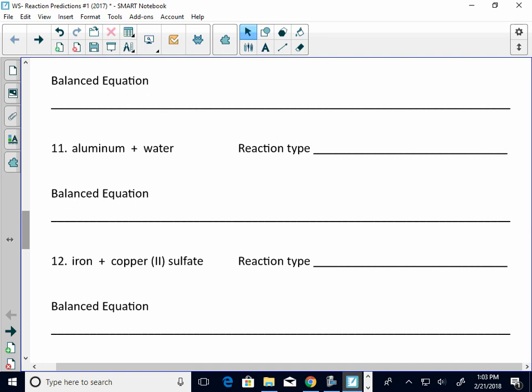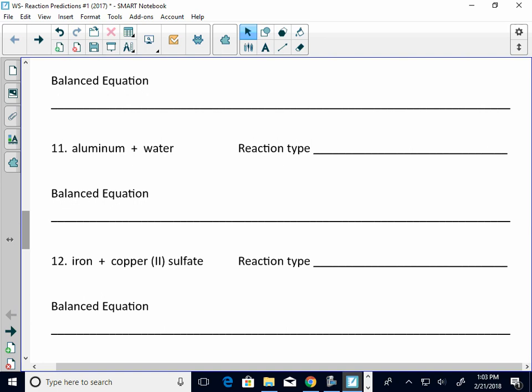It's not a nonmetal oxide. Could it be an active metal oxide? Well, we said on the active metal oxides it had to be a group 1 or 2, right? Okay? So, let's look down at the single replacements.